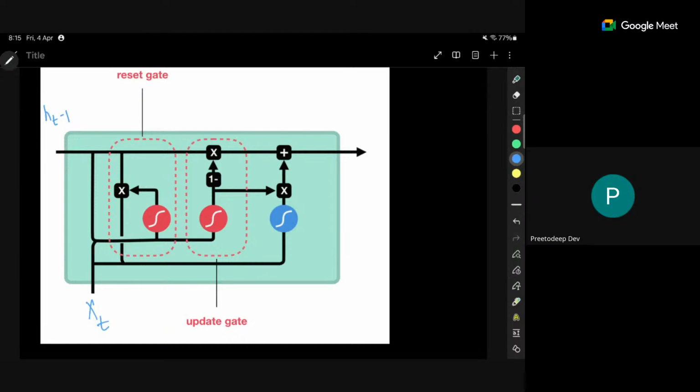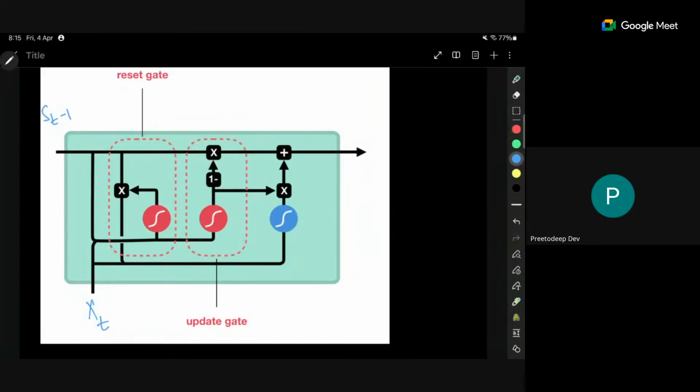Or actually, if I go with the Sir's equation, then that would be s t minus one. So let's use that, s t minus one and x t. It's going there, now it's coming to this sigmoid, right? This is called the reset gate, and the other gate is the update gate. So now we'll have two gates only.